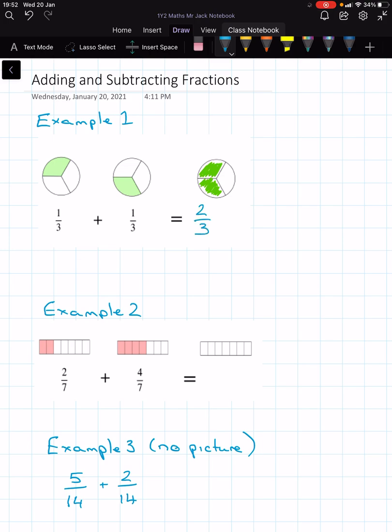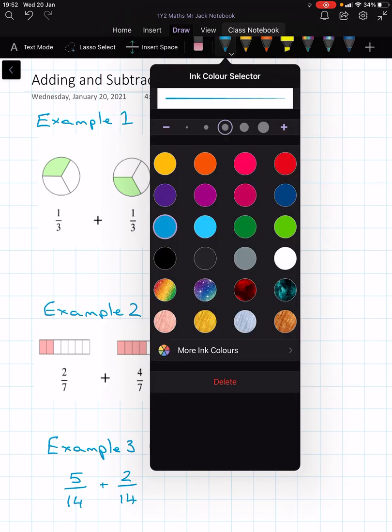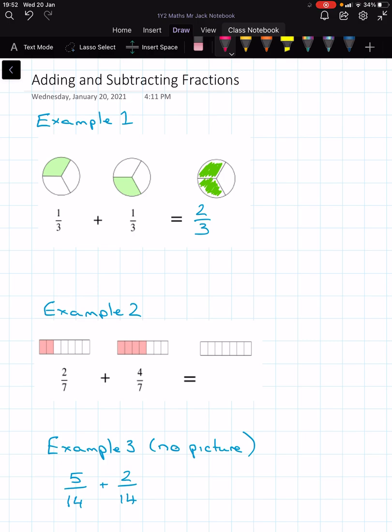Alright, next example, similar idea, except we've got a rectangle this time rather than a circle, and it looks like we're working in sevenths, so I hope that's been chopped up into 7 pieces, which it has. We've got 2 shaded in the first fraction, and then we've got 4 shaded in the second fraction.